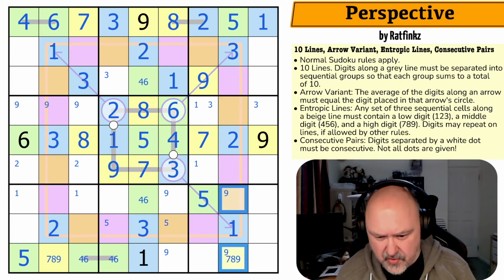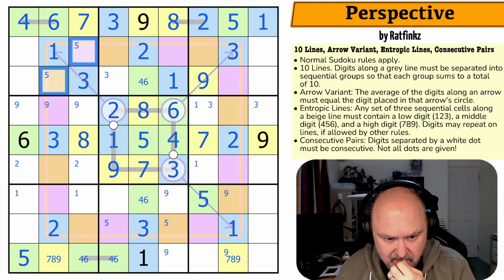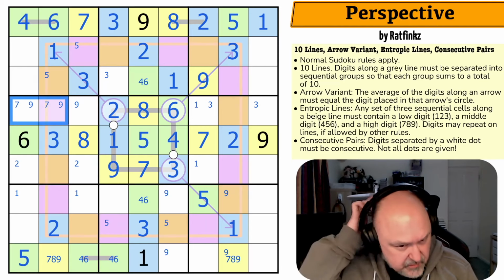9 is in one of those two by Sudoku. 5 is in one of those two by Sudoku. 7 is in one of those two by Sudoku.